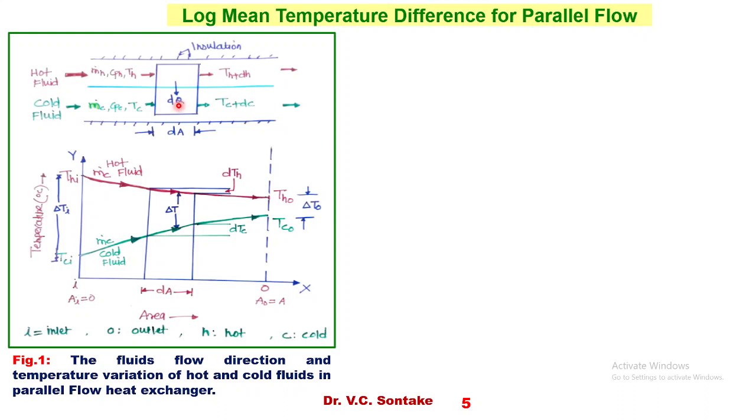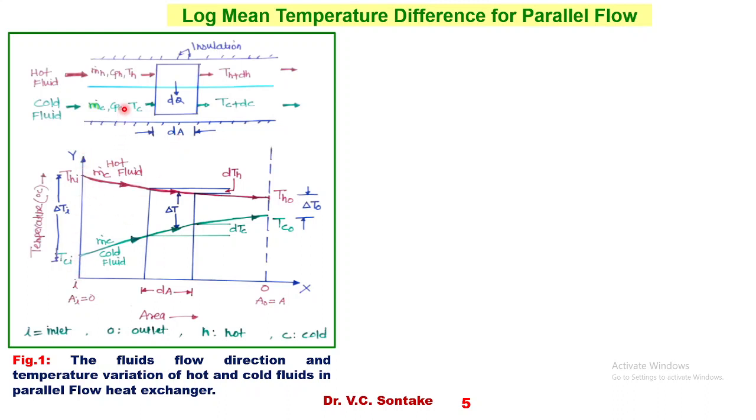As a result of this heat exchange, the temperature of hot fluid changes from Th to Th plus dTh, and the temperature of cold fluid changes from Tc to Tc plus dTc, where dTh is a small decrease in the temperature of hot fluid, and dTc is the small increment in the temperature of cold fluid as a result of a small amount of heat transfer dq through the small elemental area dA of the heat exchanger.